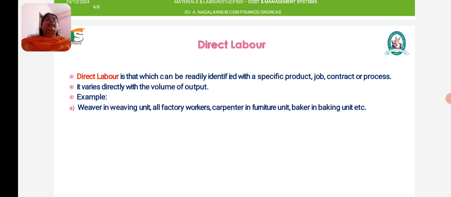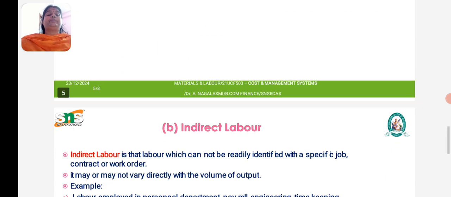If less output is obtained, then fewer employees will be employed. So weavers in a weaving unit, factory workers, carpenters in a furniture unit, bakers in a baking unit are all said to be direct labor.